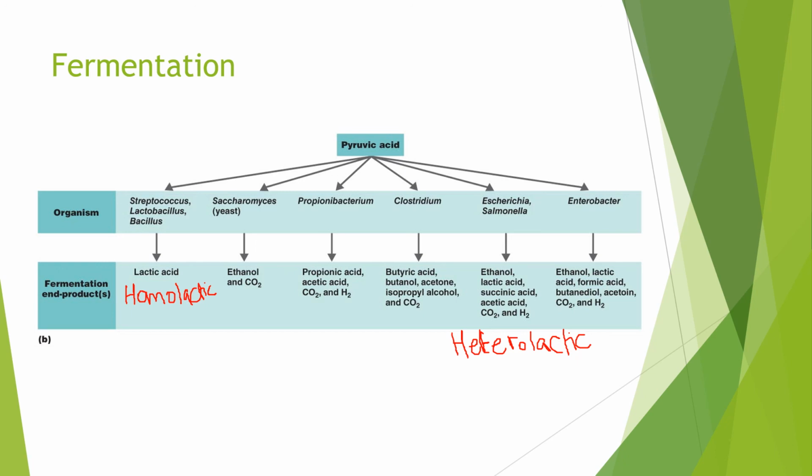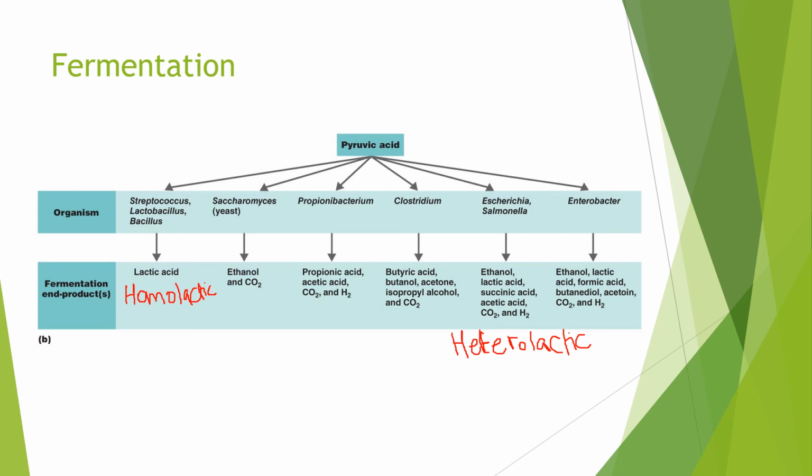Okay. And so these are the products of fermentation. As you can see, it's immense, and it also helps us when we are trying to differentiate between the types of bacteria that we have.